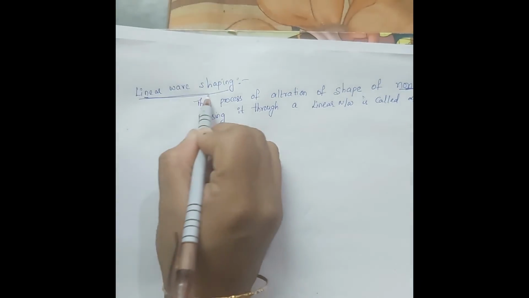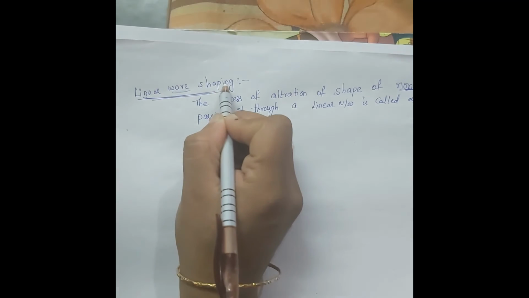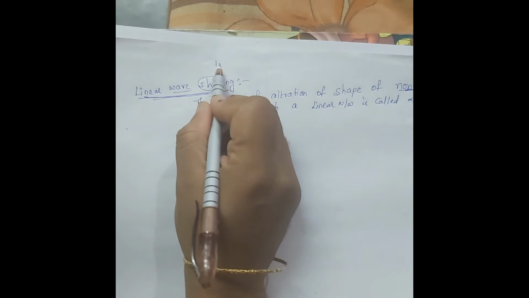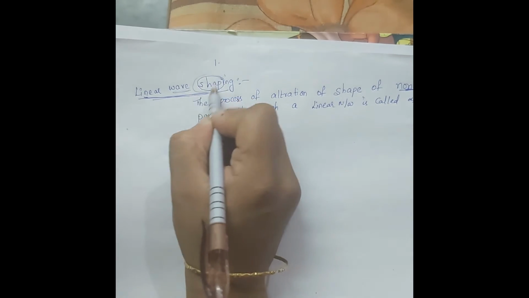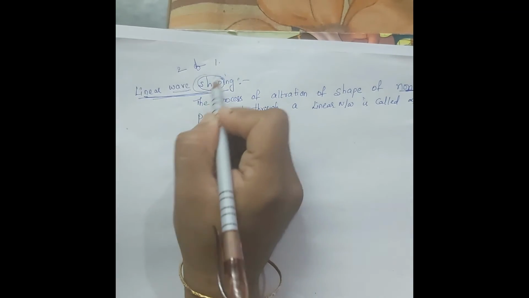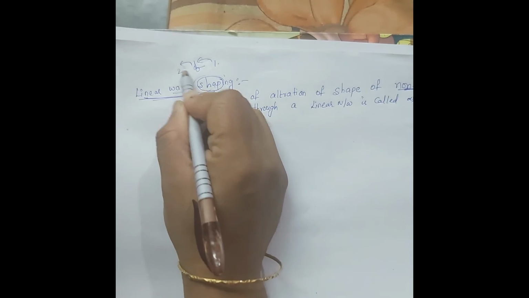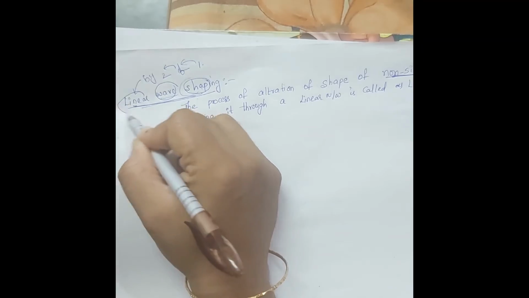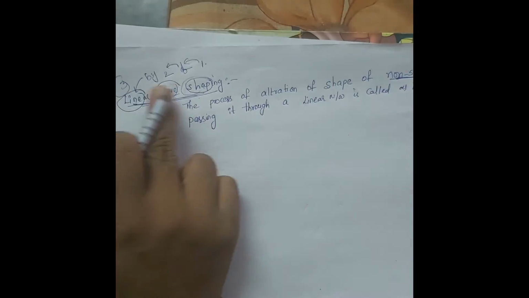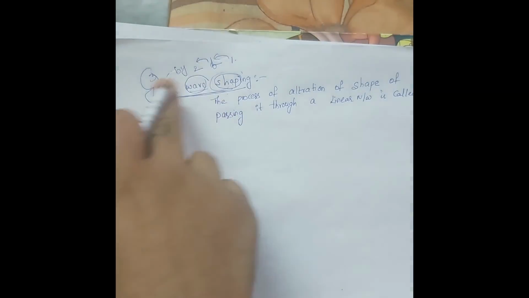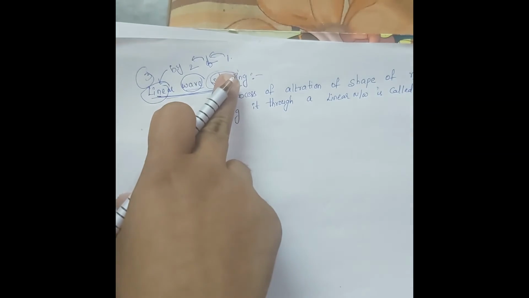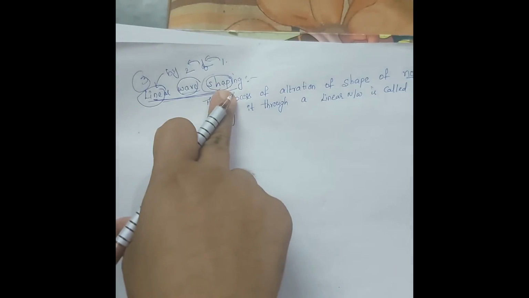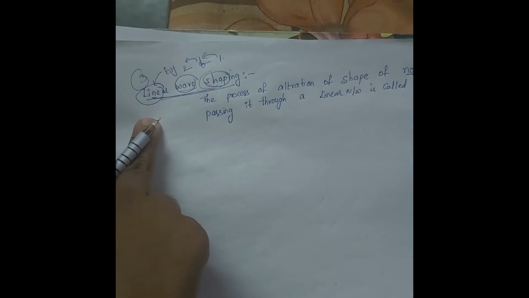See, the process of alteration of shape of a waveform. In shaping, shape will come as the first word. Shape of what? Waveform, that is 2. By means of what? By this linear network, this is 3. Linear wave shaping we read like this, but by framing the definition we have to jump from 1 to 3: changing the shape of a waveform by means of a linear network.